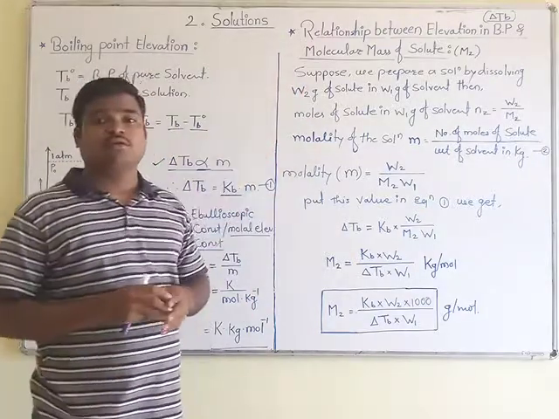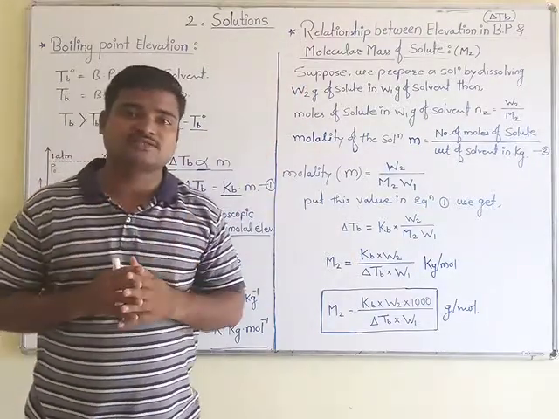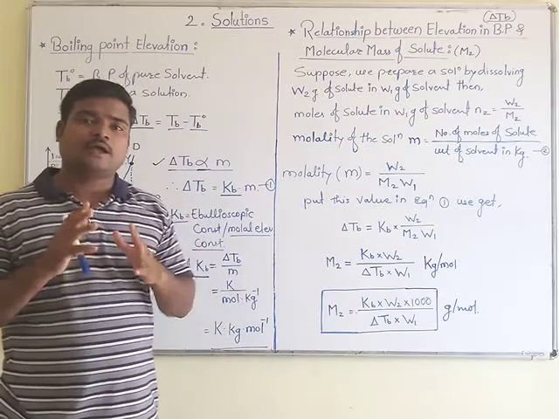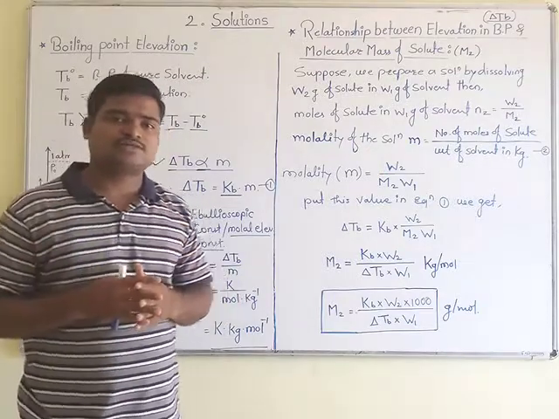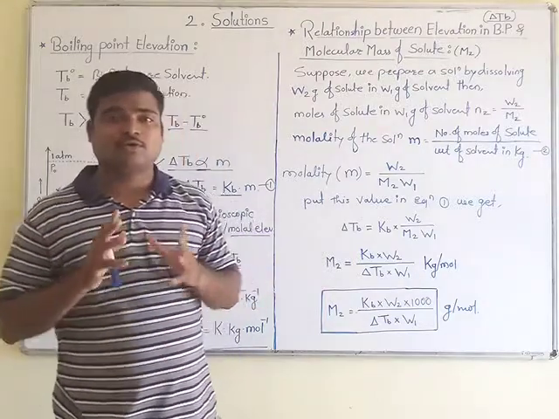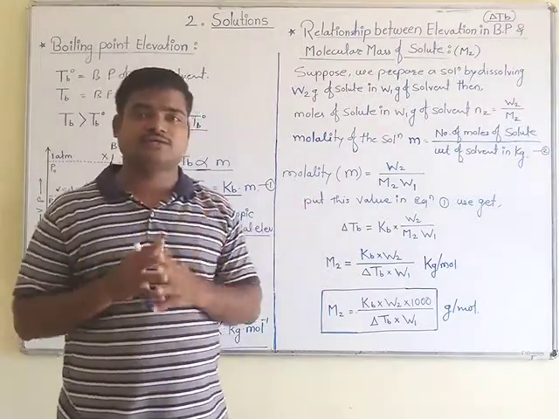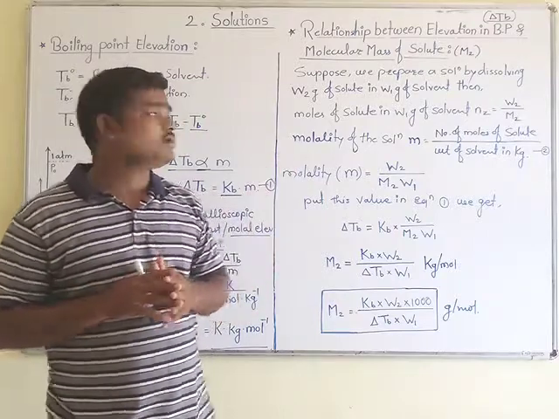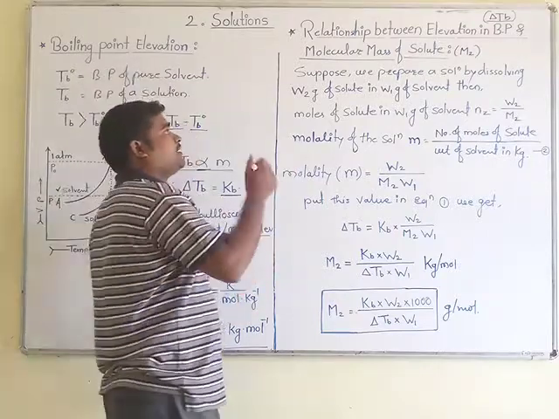Now this question may be asked for 2 marks in your theory exam, and there are many numericals based on this derived equation. So before going ahead, concentrate on this point.